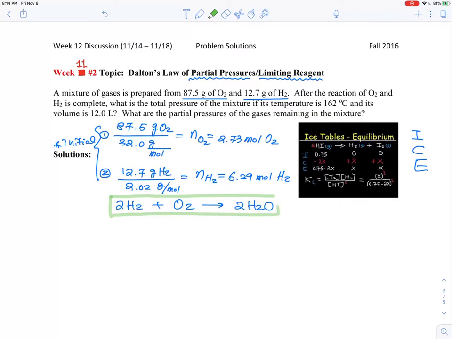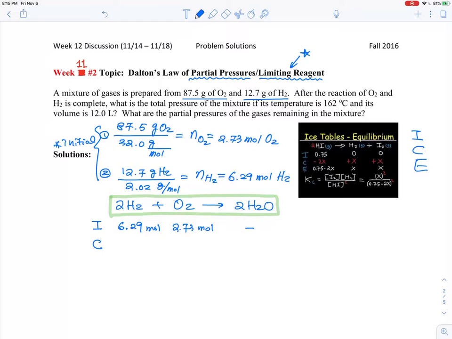So I just wrote down this equation. When hydrogen and oxygen meet, they're going to react, and then I'm going to write the ICE table. Initially you have 6.29 moles of hydrogen and 2.73 moles of oxygen, and there's nothing of water. For the change, one component is the limiting agent. Which one is the limiting agent?